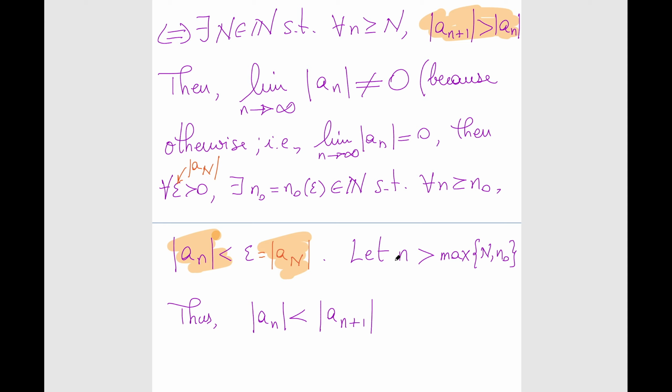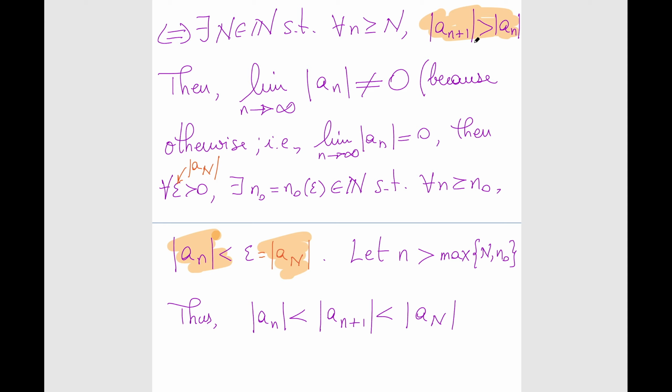So n plus 1 is going to be larger than n naught plus 1, which in turn is larger than n naught. So I have this inequality that holds for me when n is replaced by n plus 1. So I get that this guy is smaller than the absolute value of an. Correct? So I'm using this property here for the n chosen, and I'm using this property here for n plus 1 instead of n, which because of the choice of little n, I can replace this by n plus 1. Okay, so we get this.